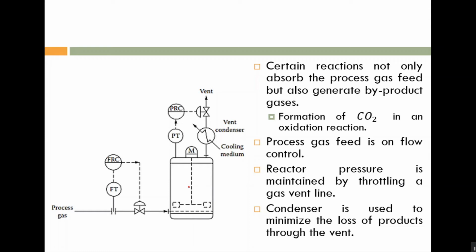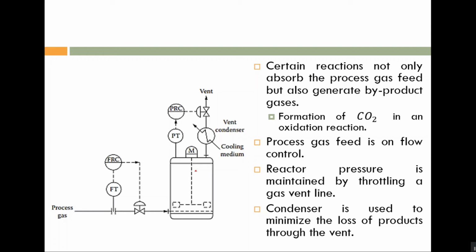Normally the density of the byproduct will be small. So if the pressure is increased here, the main reason will be the production of byproduct gas, because if byproduct is present, definitely the pressure will change quickly with respect to time. So pressure is developing with respect to the byproduct gas.